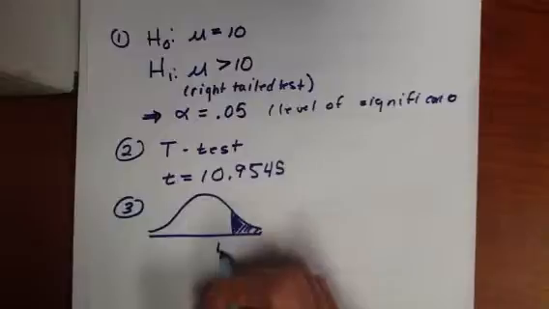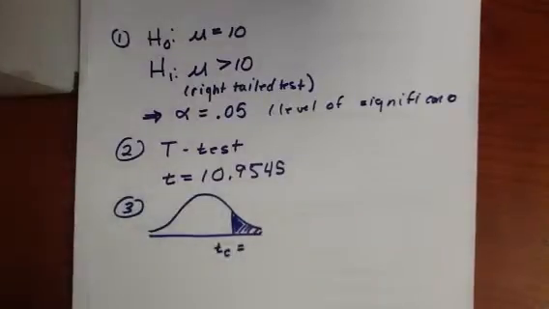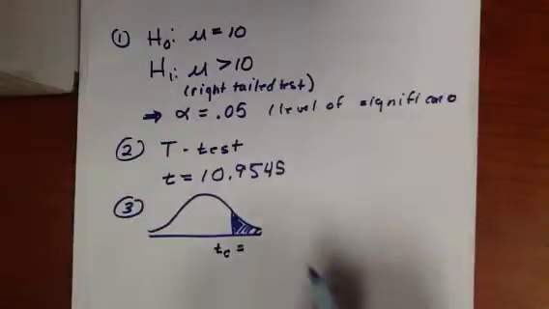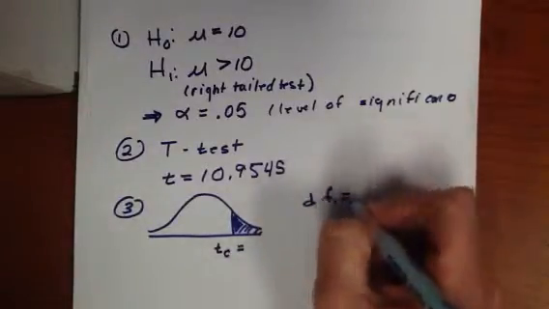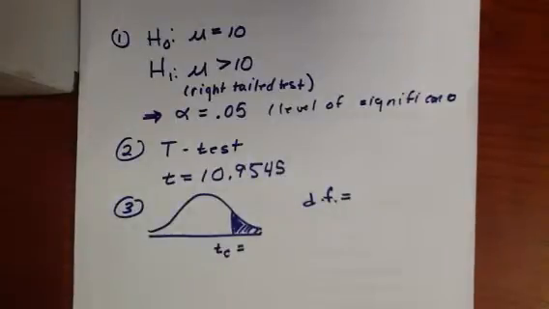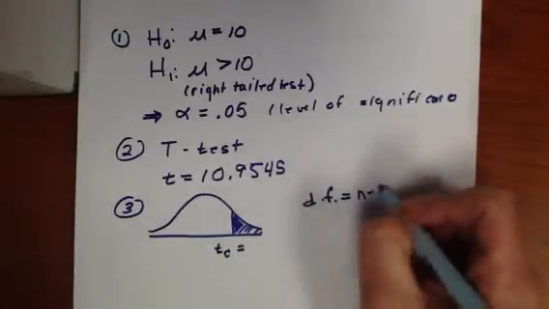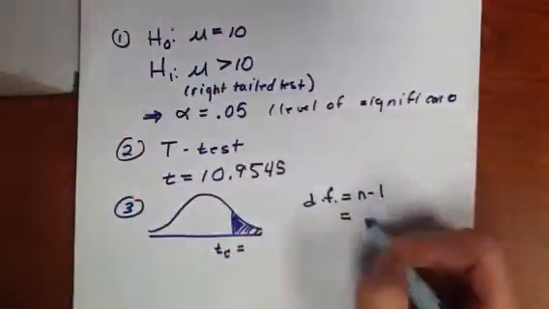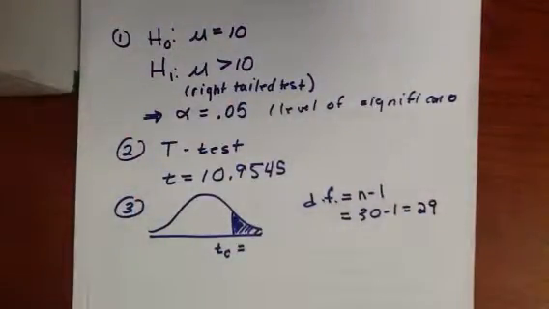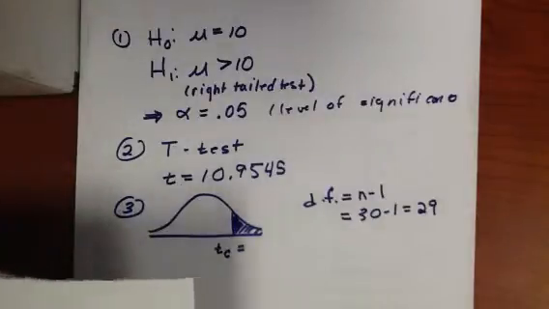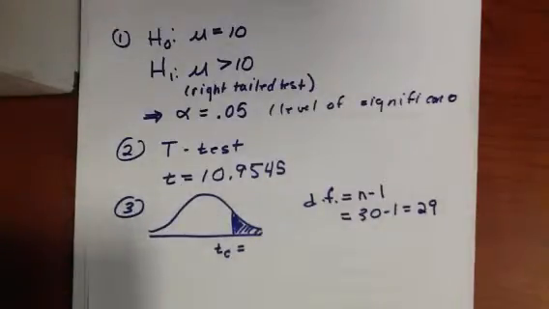And what we're going to look for is a critical value of T. Now, in order to know a critical value of T, we need to know what the degrees of freedom are. And I believe Dr. Mosley explains those, but those are always n-1. So in this case, our degrees of freedom is 29. Where we get our critical value is from our T table.